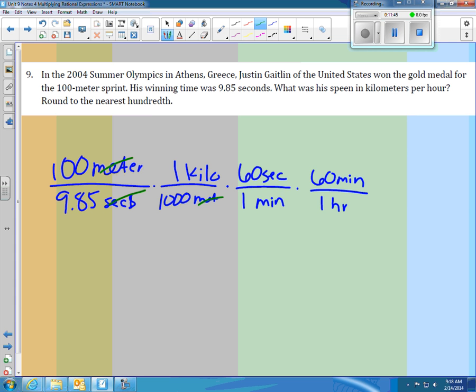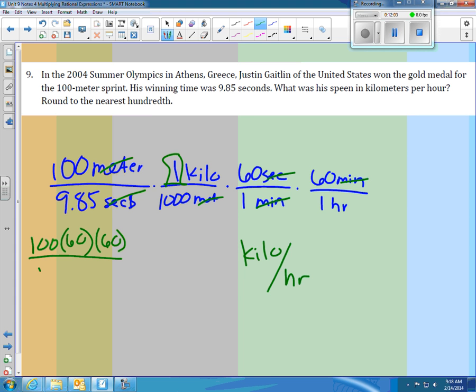Meters, seconds, minutes. So we're left with kilometers per hour. So on the top, we're taking 100 times 60 times 60. We don't really need to multiply by this one because it's not going to change anything. And on the bottom, we're taking 9.85 times 1,000. When you do that, we get a decimal, so let's round to 1 decimal place. 21,965.5.